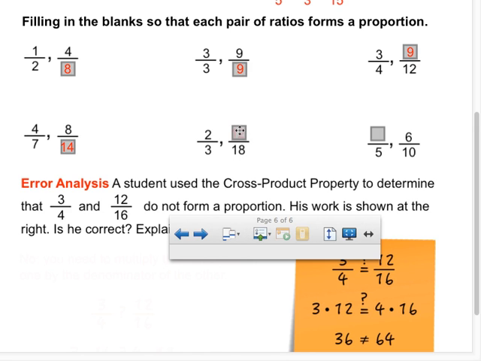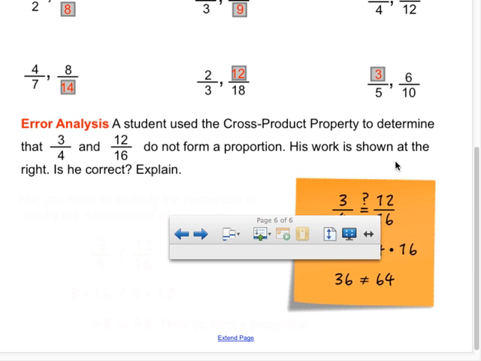Yep, very good. And then the last one, who's got the last one? Amani. What needs to be in this box so that these two are proportions? 3? Correct.